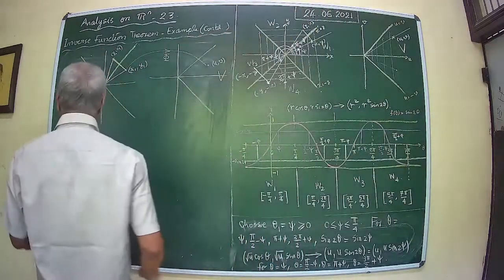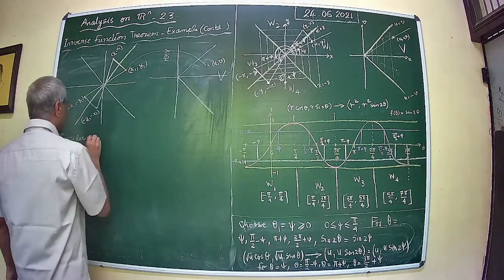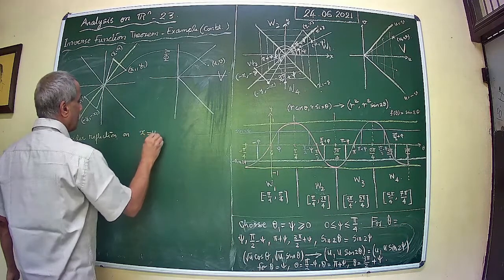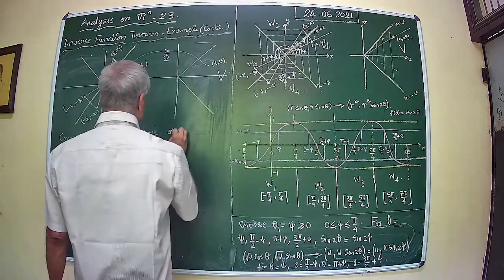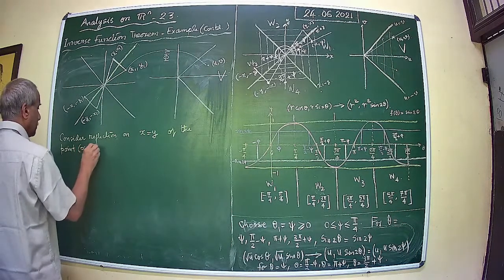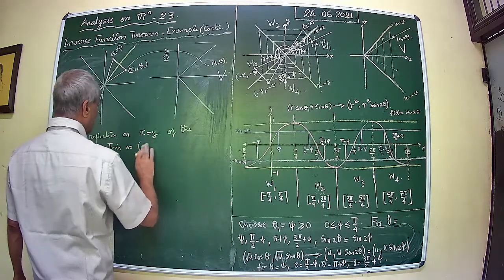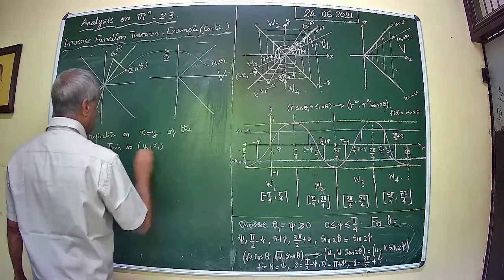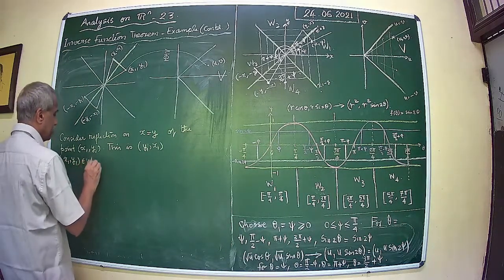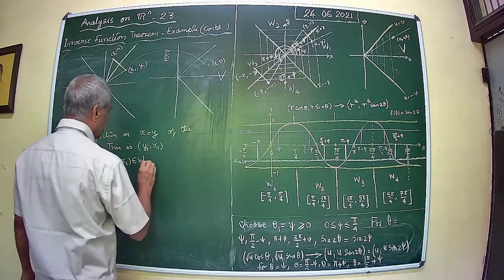You take W1, consider y1 x1 and x1 y1 belongs to W1 implies y1 x1 belongs to W2.